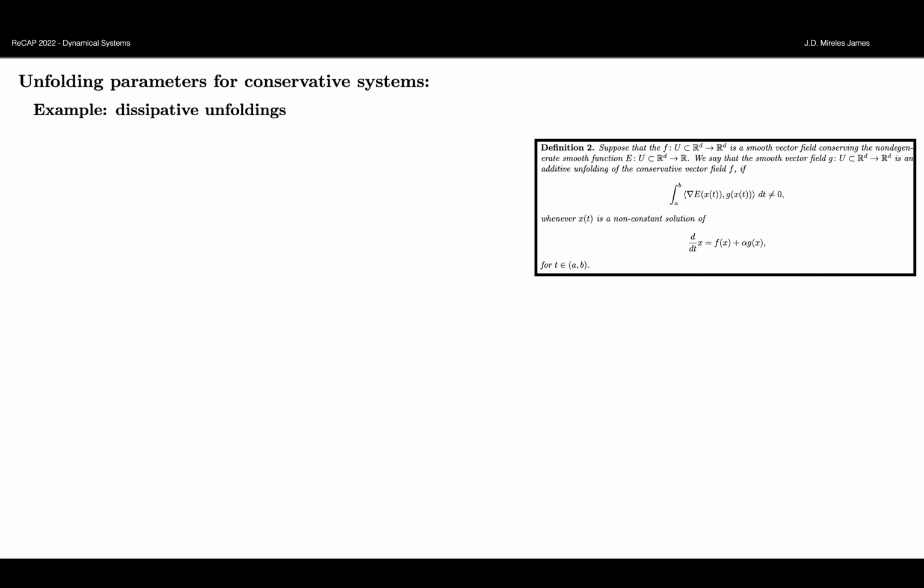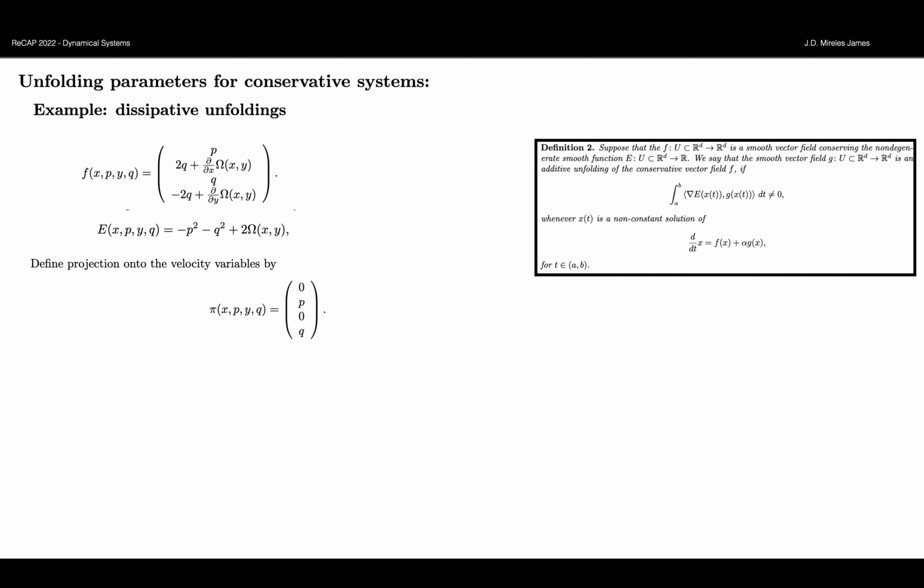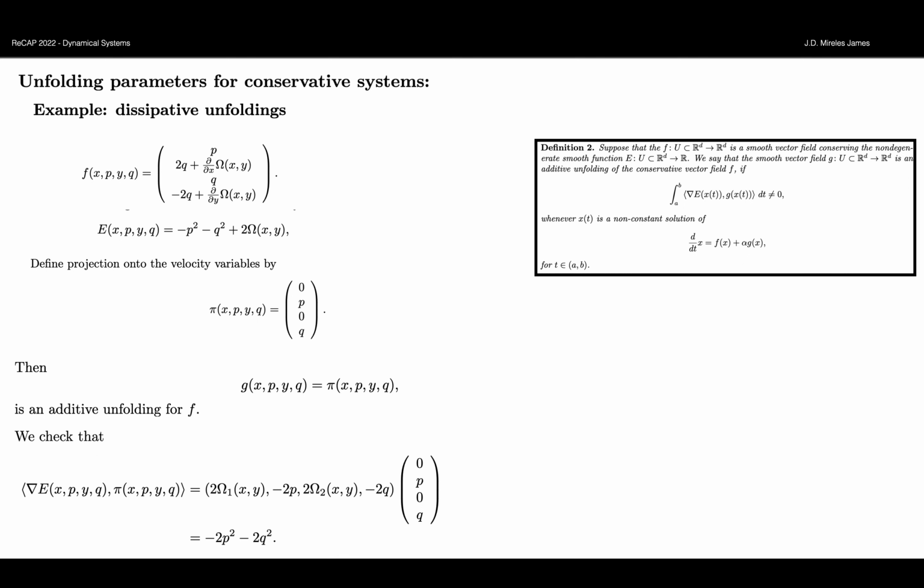But let me show you that it's easy to find an unfolding for the circular restricted three-body problem. Here's our vector field, and there's the conserved quantity E. I'm going to look at the projection onto the velocity coordinates. I'm going to call that my G, and take this as an additive unfolding for F. So I'm going to put alpha times this projection into my vector field F. Now, why does this work?